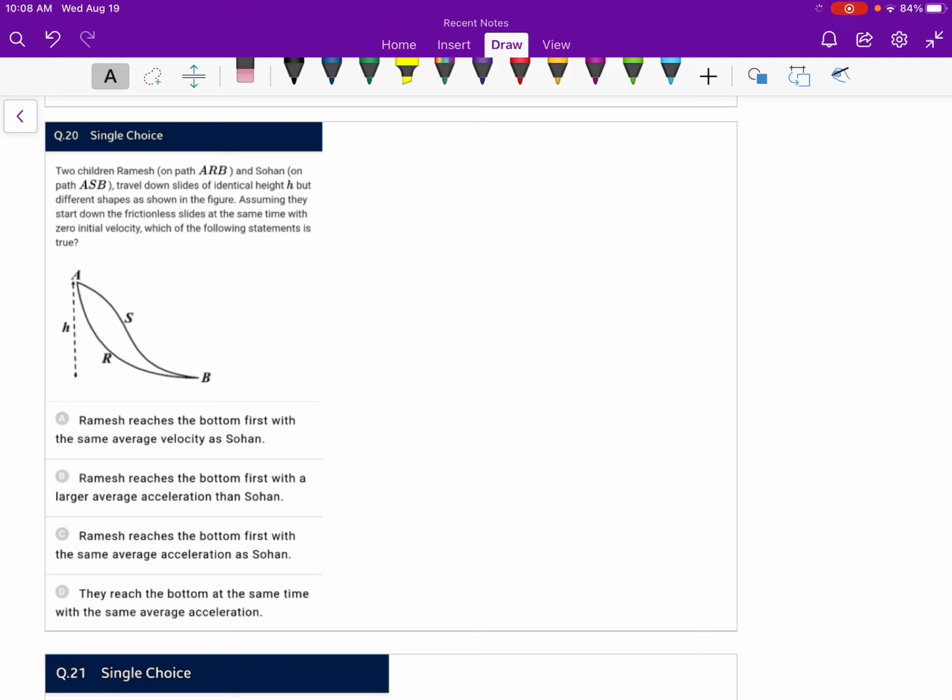Which particle reaches first? See, initially, of the two children, Ramesh's trajectory, Ramesh's track, is more vertical. It has greater slope.